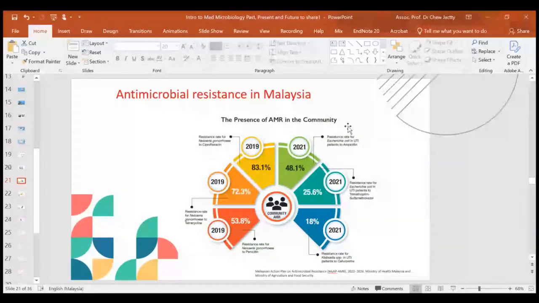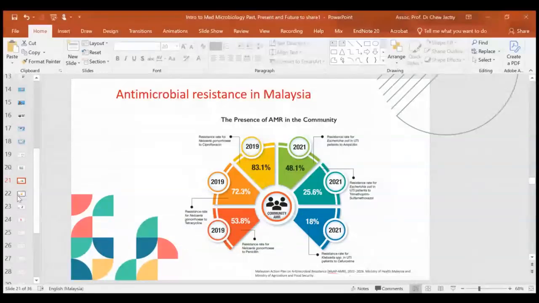If a person now has an infection, goes into the clinic or hospital, and gets tested, for example, in 2021, we're looking at the blue color here, 18% of the bacteria isolates were found to be resistant against Klebsiella, for example, okay?